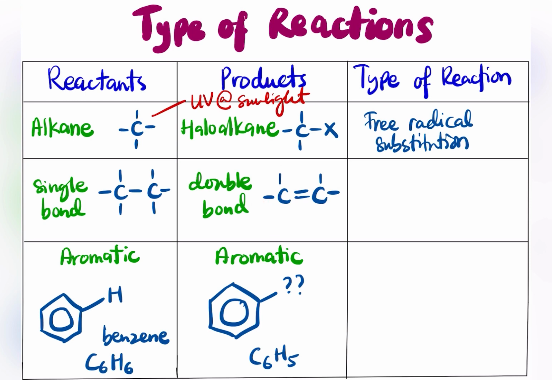You can see that the number of carbons in the chain stays as it is, but the number of atoms is decreasing. So this type of reaction, there is only one answer for this one, which is elimination. So, from single bond to double bond, please memorize they can only undergo elimination.